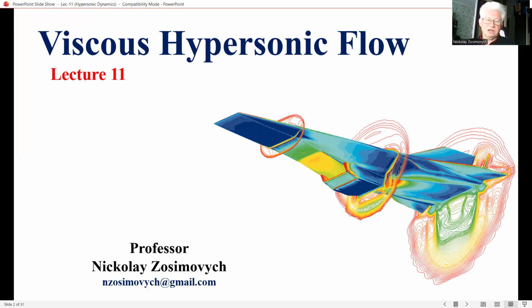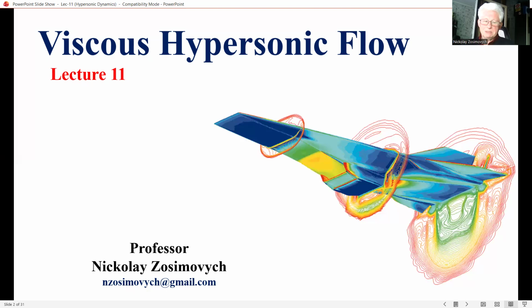And we will label such flows, namely as hypersonic viscous flow. The effects of high temperature and diffusion will be covered in next part number 3.